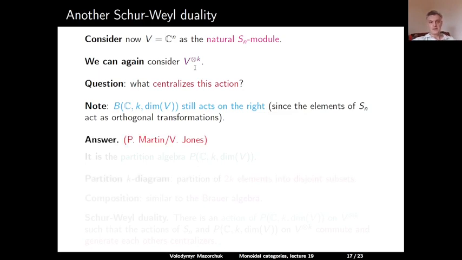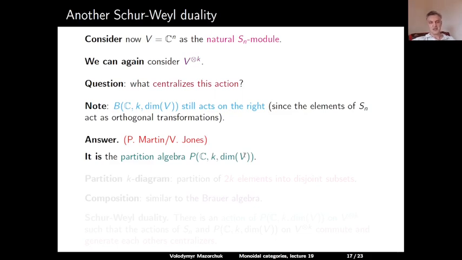And the full answer was given by Paul Martin and Vaughan Jones. The answer is that the correct centralizer on the right-hand side is given by the so-called partition algebra, which is a generalization of the Brauer algebra for the same field, for the same exponent of the tensor product, and for the same parameter dimension of V.